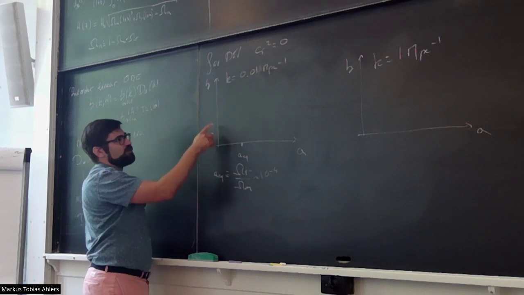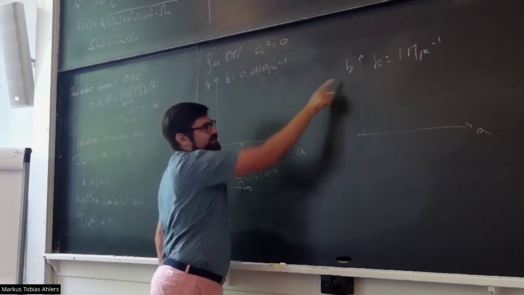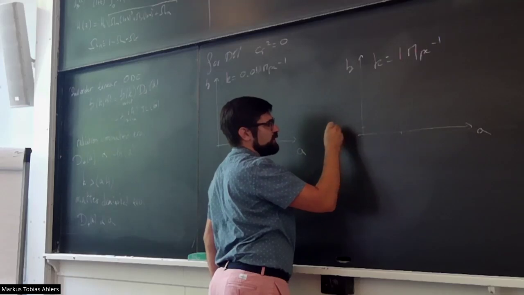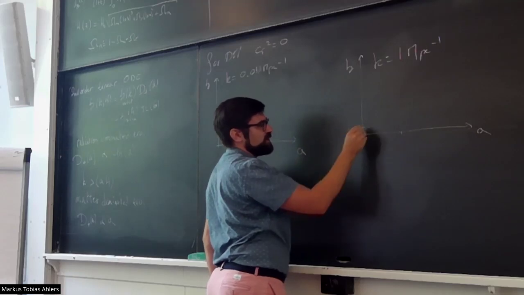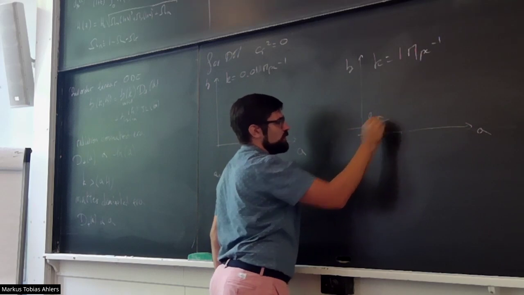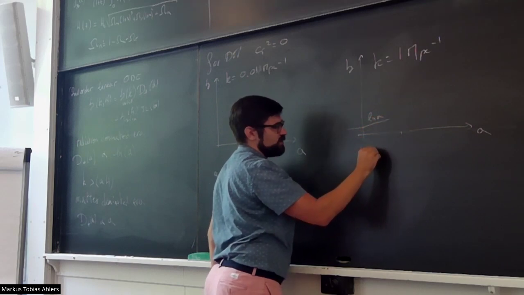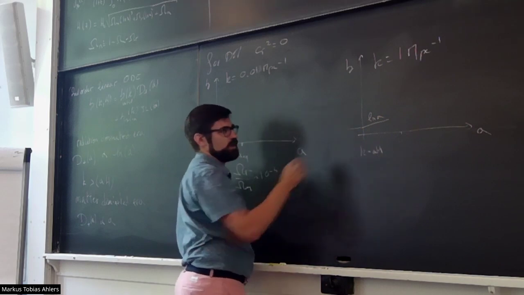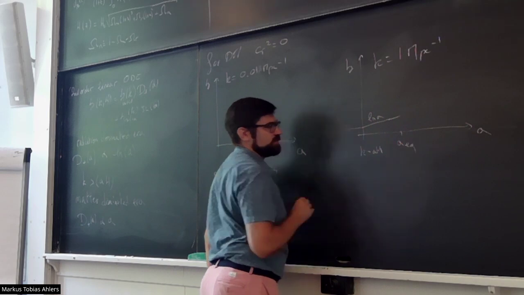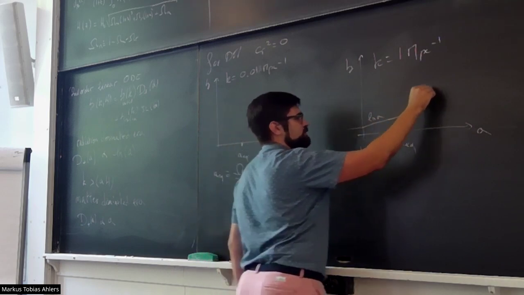So the first mode to enter is going to be this guy. It's stuck at its initial conditions, and then it enters and starts growing like the logarithm of a. So this is the moment where k is order aH. It grows like the logarithm of a, and here we reach a_eq, and you grow like a.